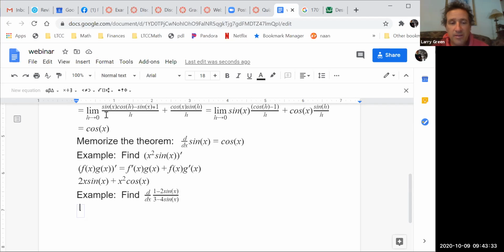So I'll give you a minute or two. Shouldn't take too long. It's a little messy. Remember, you don't have to simplify. And trust me, you don't want to simplify.